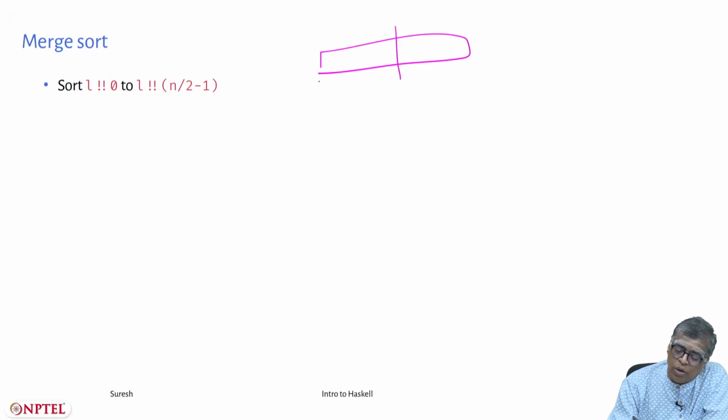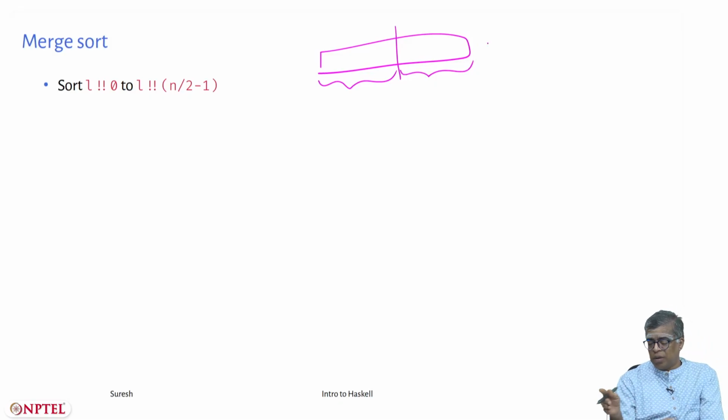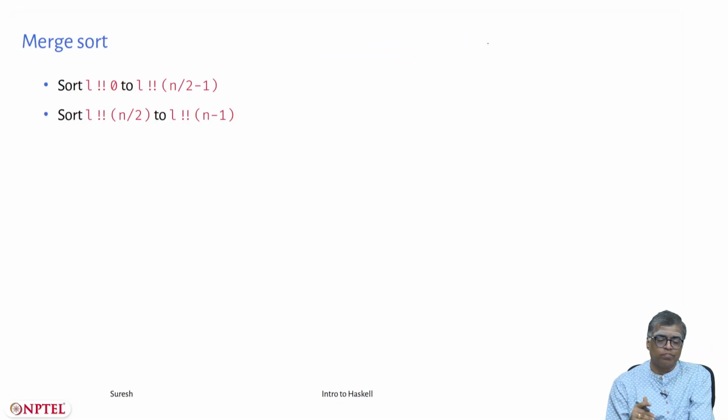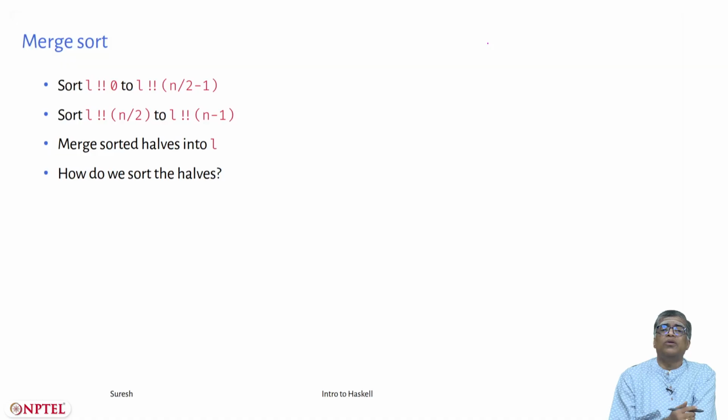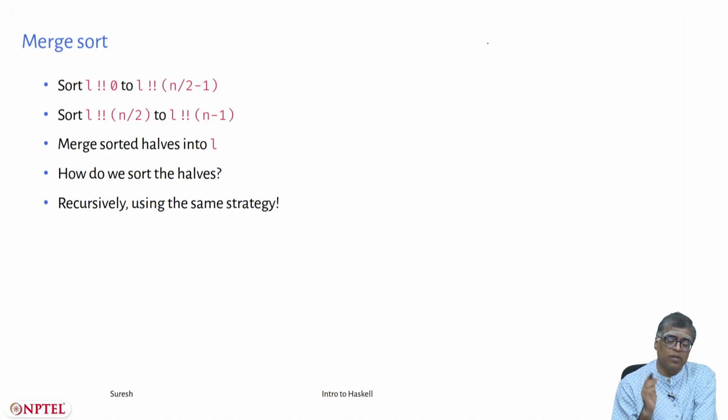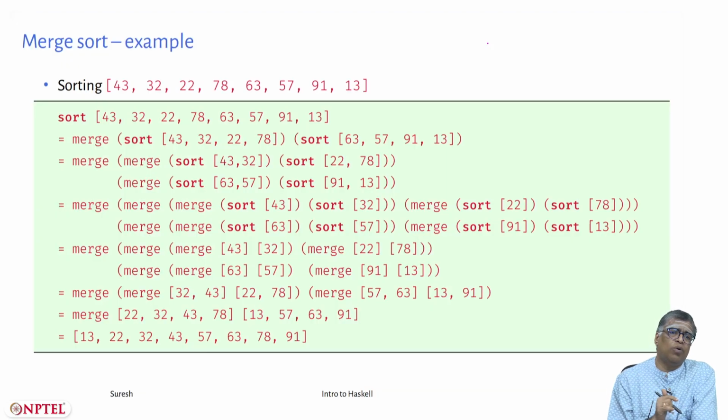From here to here you will sort, and from here to here you will sort, and then merge the two. So merge the sorted halves into L, that is basically the algorithm. How do we sort the two halves? Recursively, right, using the same strategy. This is really the power of recursive algorithms, and let us see how to do this.